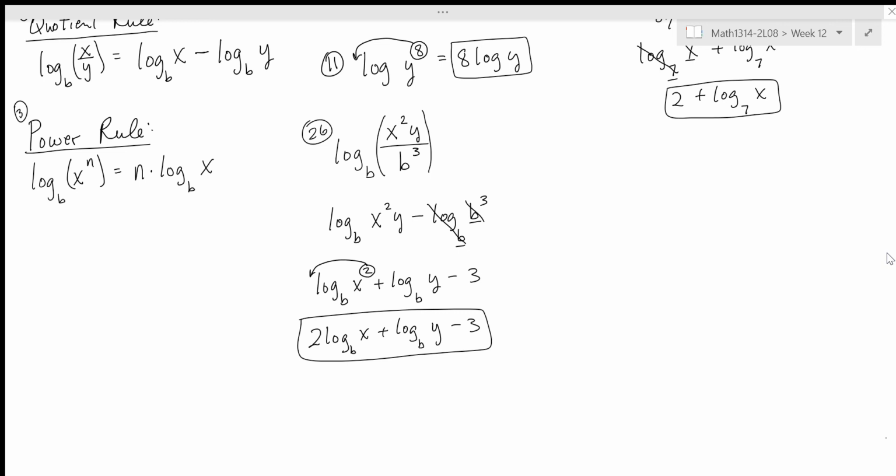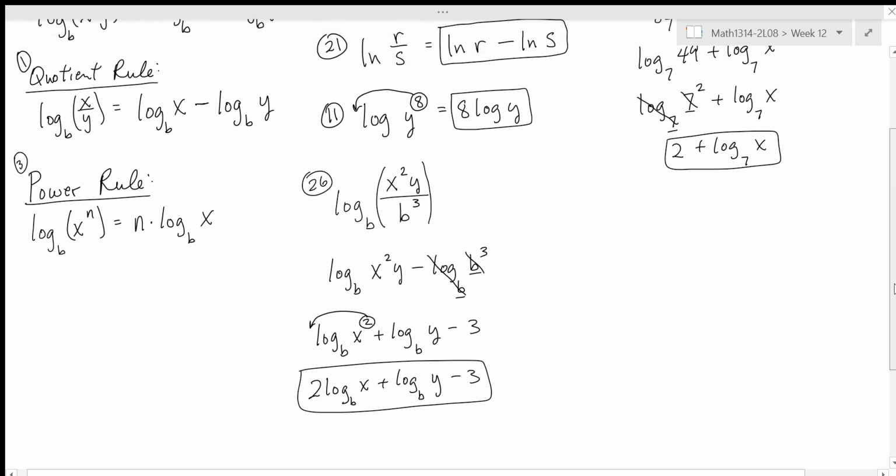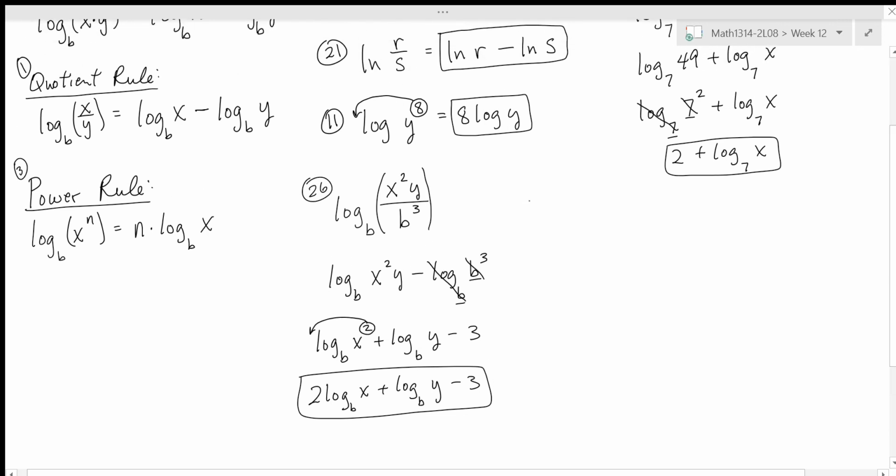Because I've got time. Okay, well, I'll tell you what I'll do. I'll make up one more, and I'll make it close to a test question, like what you might see on the next test. Natural log of 5x cubed over z to the 4th.